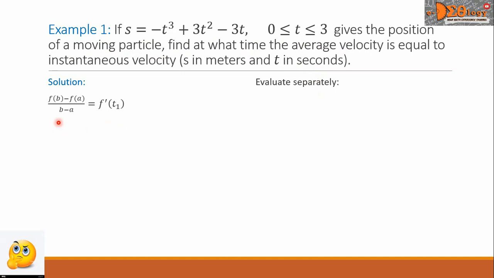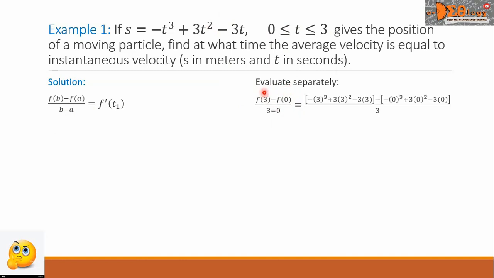Starting from the left side, the values for a and b are required. Our a and b are the endpoints of the closed interval. The 3 here is the b and 0 is the a. So for the left side, we will write f of 3 minus f of 0 all over 3 minus 0. In our numerator, we will evaluate our function with respect to 3 and 0 respectively.